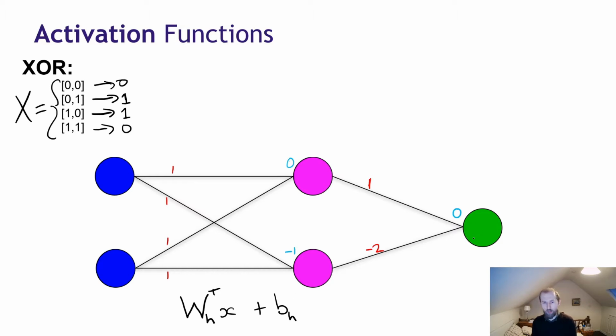And then to get your output, you're going to take what you get from your hidden layer, H, and do the exact same thing with H: W for the output times H, plus the bias for the output.